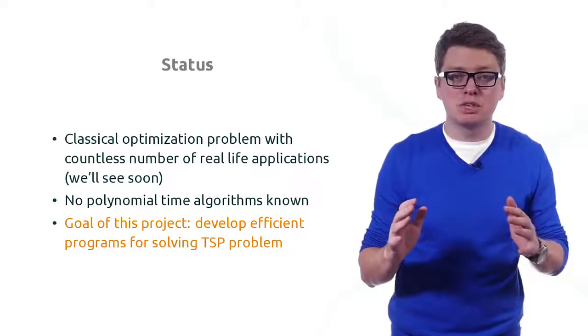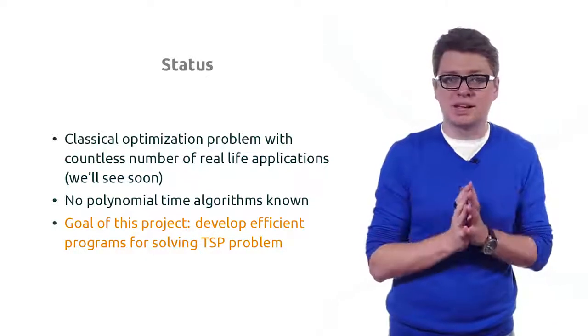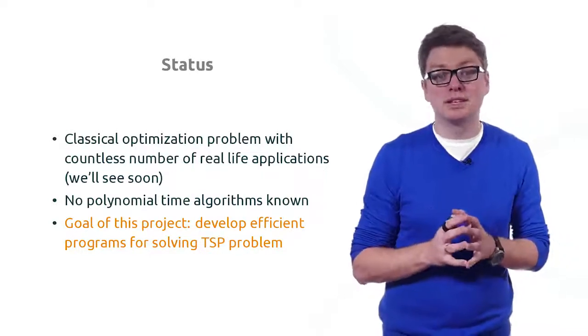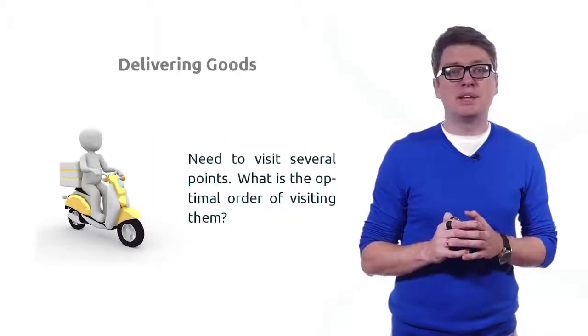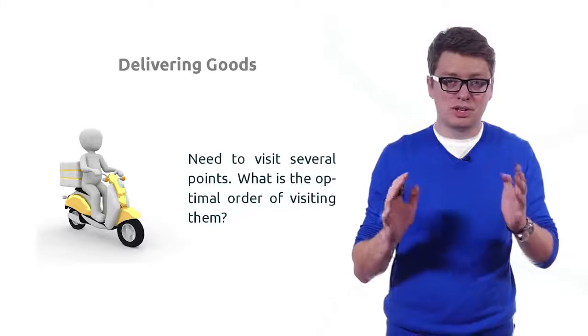And by saying approximately, I mean that we're going to output not necessarily an optimal cycle, but a cycle that is guaranteed to be not much worse than an optimal one. Okay? As for applications, of course the most obvious application comes from the delivery problem.